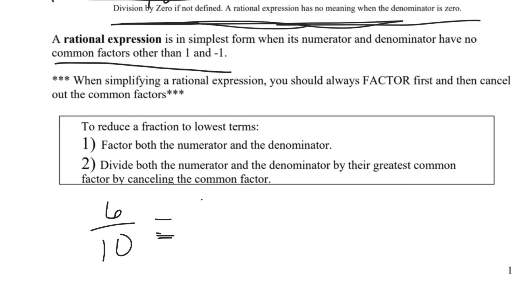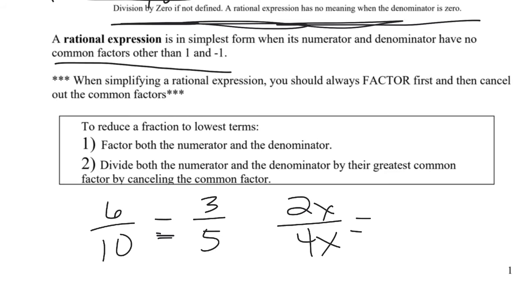To simplify it, it's 3/5. Now if we have 2x over 4x, we can simplify this further. The x's cancel because I'm not adding or subtracting those x's to anything. That's the only time I can cancel x's like that. And 2/4 is 1/2. So this would be the simplified version of that.